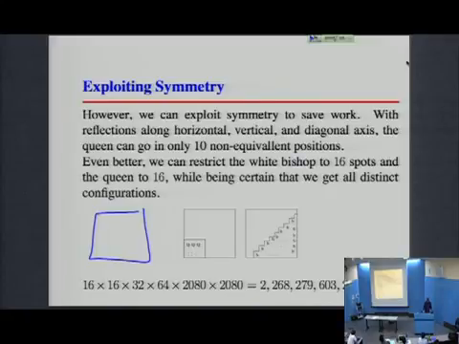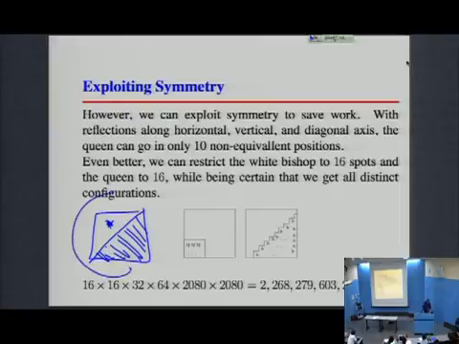If I always insisted it be on this side of the board, I would cover all possible solutions. Because if you told me the right solution had the king in this part of the board, I would simply rotate the board 180 degrees, and then the king would be down here. Okay, I don't think I said that very clearly. How many people think they see what I mean by symmetry?